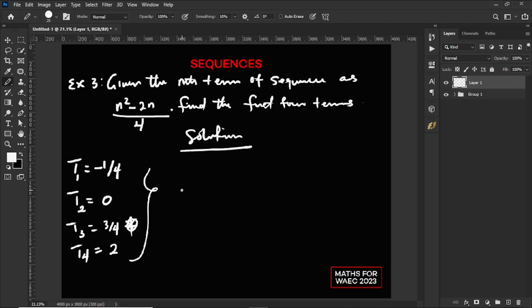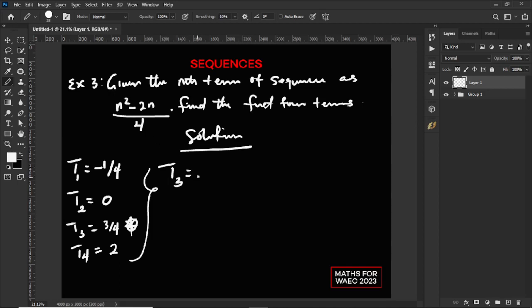I think T3 is minus 1 over 2. Let's quickly check, because I feel that's the only one we are having an issue with. With the look of things, I think it should be positive 1 over 2. But let's check.